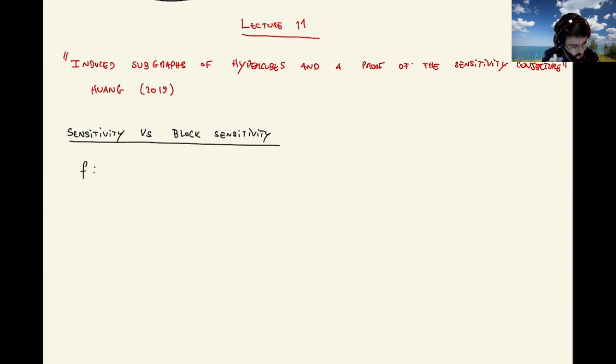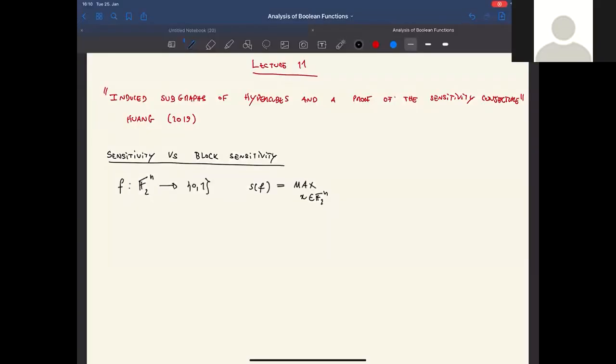So I give you a Boolean function, and for this class, in most cases we use {0,1}. The sensitivity of f, just to recall, is the maximum, the worst case scenario, over all x, of the sensitivity of f at x.